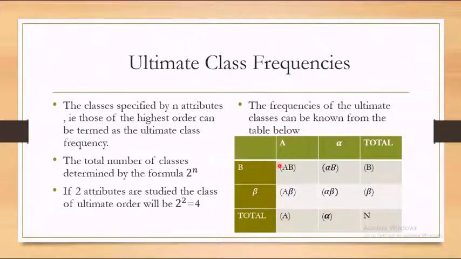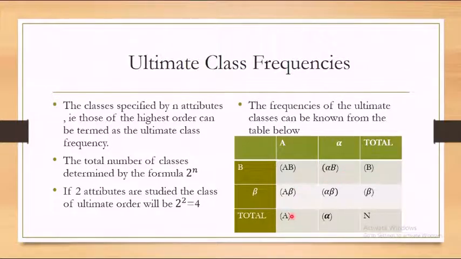What are the 4 ultimate classes over here? They are AB, A beta, alpha B, and alpha beta. So these are the ultimate class frequencies.